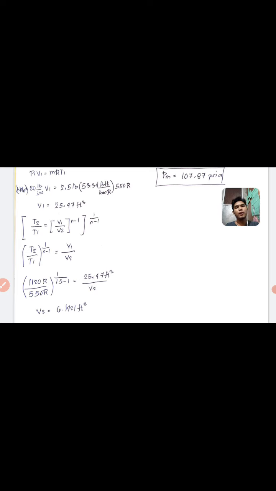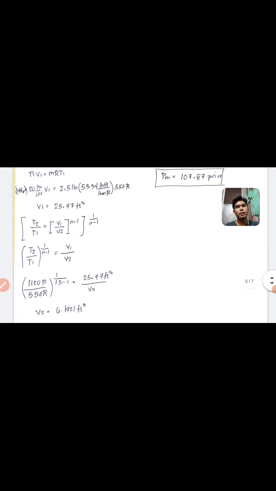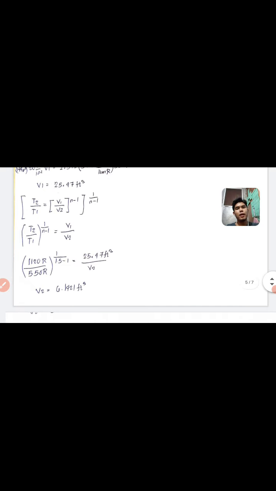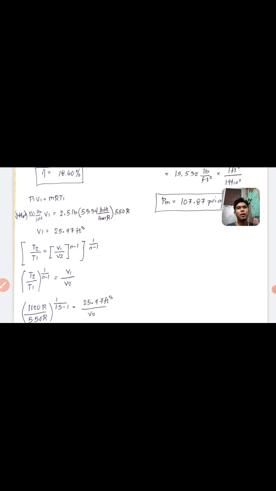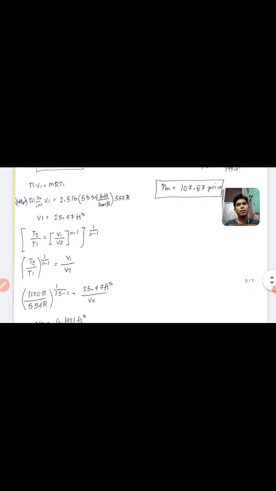So T2 over T1 raised to 1 over n minus 1 is equal to V1 over V2. Substituting the value, we can find now that V2 is equal to 6.1421 cubic feet.